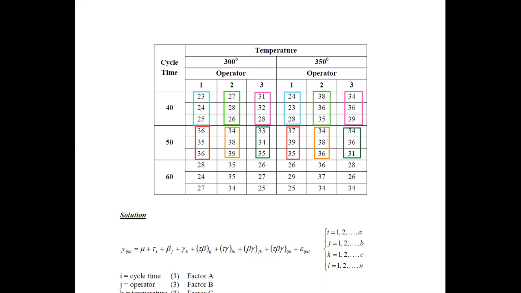Likewise, for the next set of values, 60 with operator 1, this set of values needs to be used, and thereafter we need to use this set of values, and then for the remaining part we can use this set of values.